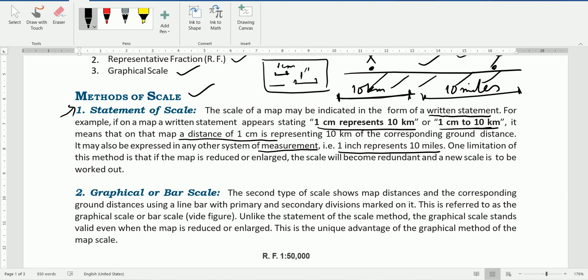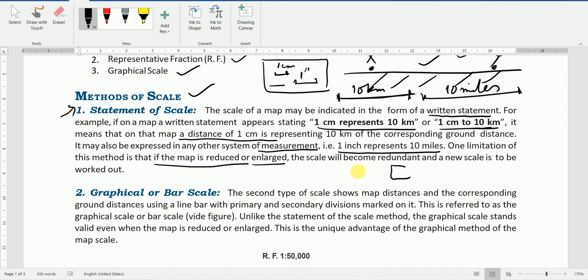You must know one limitation of this method, that is one demerit, the drawback of this method: if the map is reduced or enlarged, the scale will become redundant, meaning it will become useless, and a new scale is to be worked out. Sometimes you want to enlarge the map.